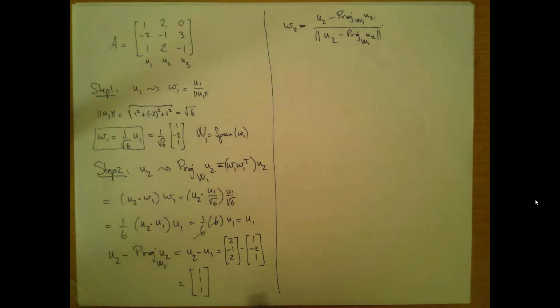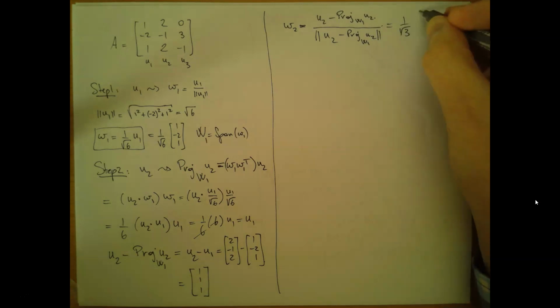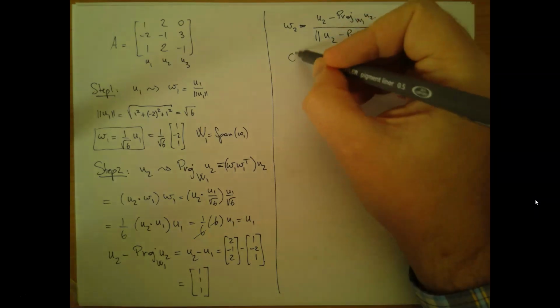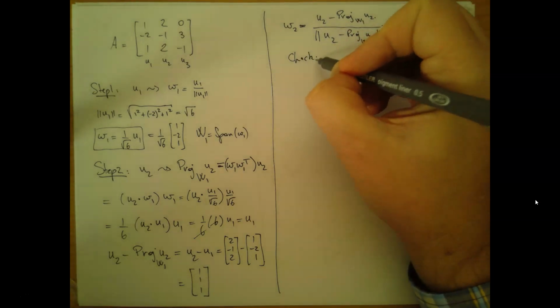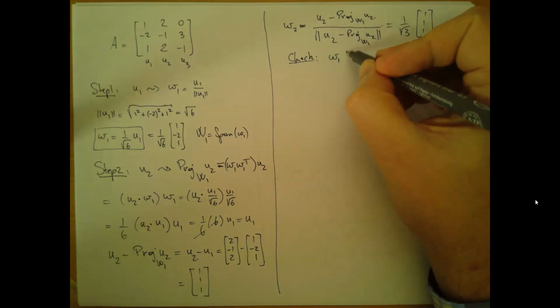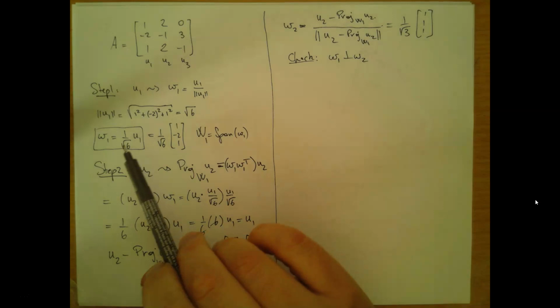So in other words, I need to take the norm of this, which is root 3, and normalize it. Alright, so that's w2. It's always good to check that w1 and w2 are orthogonal. Let's just do a quick check here.